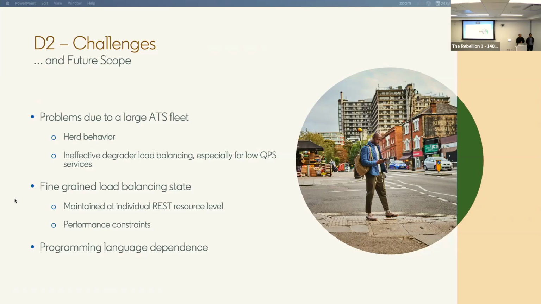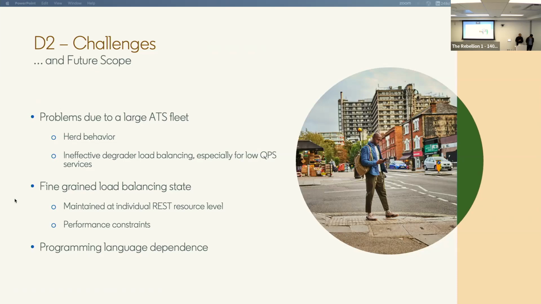Now, what is happening is that as our ATS fleet size is increasing, and this is a client-side load balancer, each of the clients is seeing its own view of the service discovery and the load balancing data.